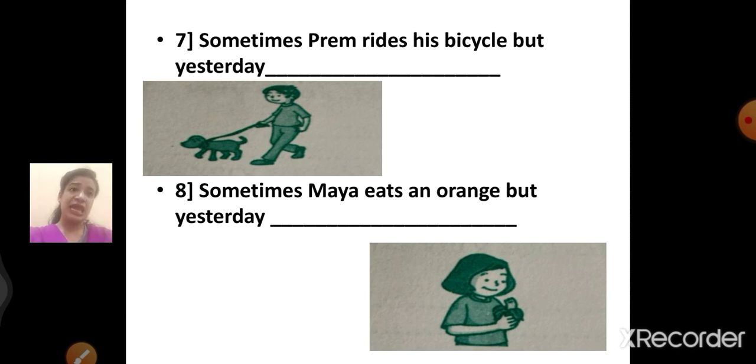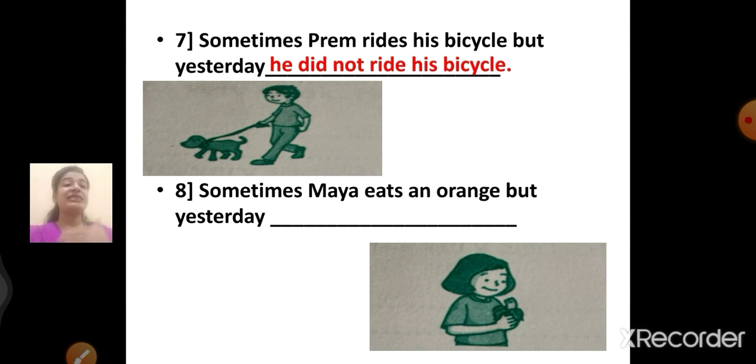Sometimes Prem rides his bicycle, but yesterday, now here in the picture you can see what he was doing. So he was not riding the bicycle, right? So sometimes Prem rides his bicycle, but yesterday he did not ride his bicycle. Now see the eighth one.